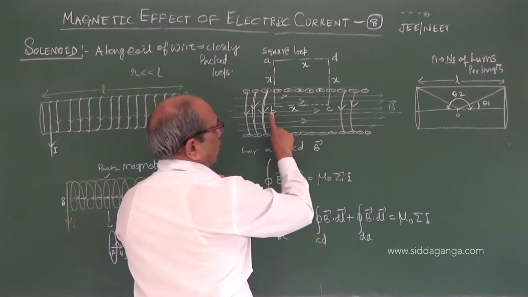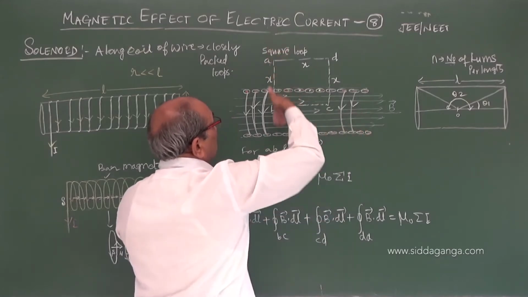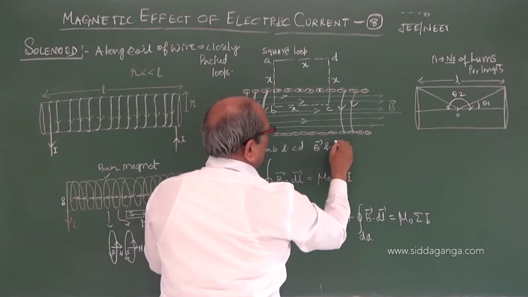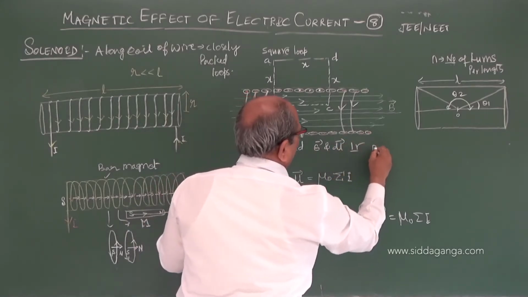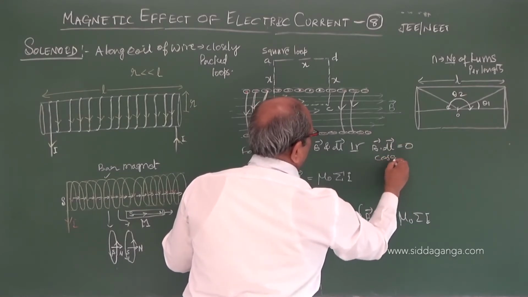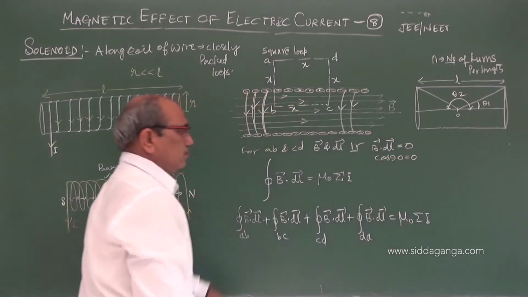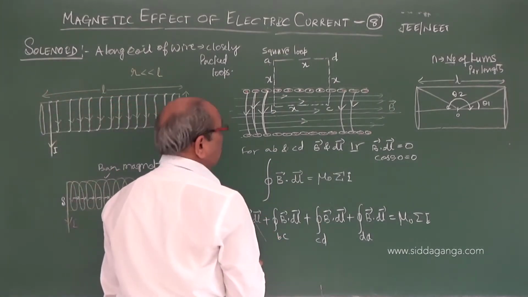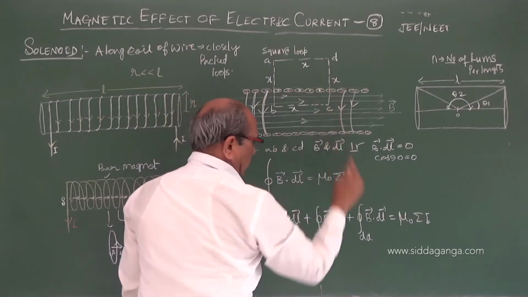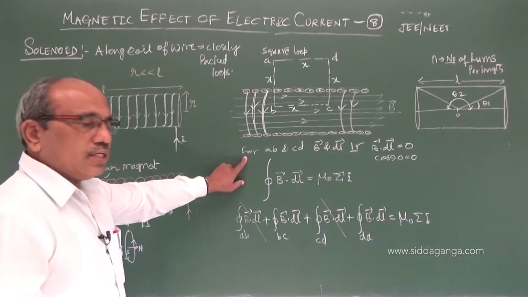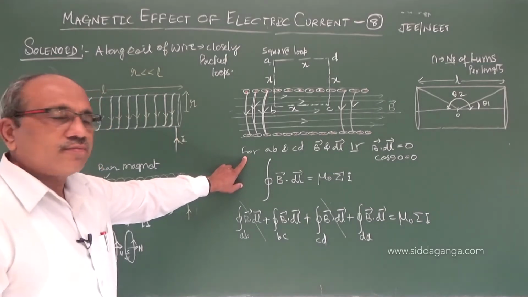B is along the horizontal, but AB and CD are vertical parts. B and dl are perpendicular, so B dot dl becomes 0 because cos 90 is 0. Therefore these two, AB and CD, contribute nothing. I have given you the reason why it happens so.